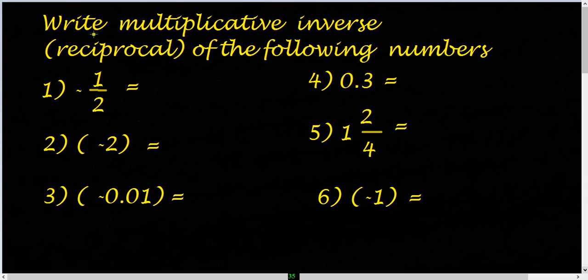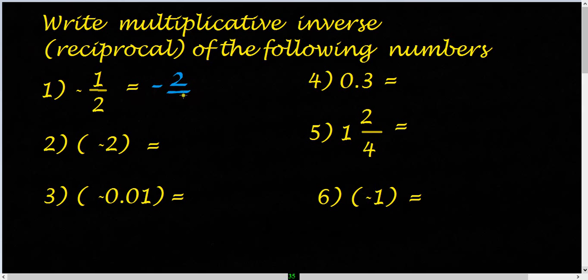Write the multiplicative inverse or reciprocal of the following numbers. There are 6 questions. You have to find the multiplicative inverse of all the numbers. Like if you have minus 1 upon 2, don't change the sign. It's not the additive inverse. It's the multiplicative inverse. The sign will remain the same. Only the denominator will become the numerator and the numerator will become the denominator, in such a way that it is 2 upon 1.